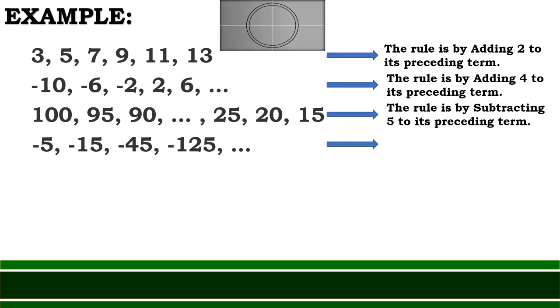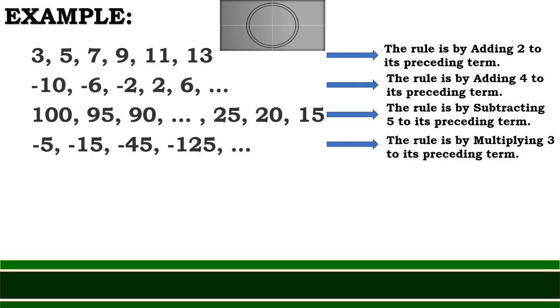Okay, the rule here is by multiplying 3 to its preceding term. Let us try to check. Negative 5 multiplied by 3 will give you negative 15. Negative 15 multiplied by 3 will give you negative 45. And negative 45 multiplied by 3 will give you negative 125.